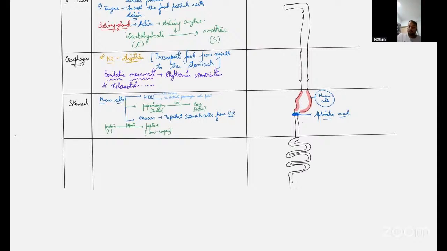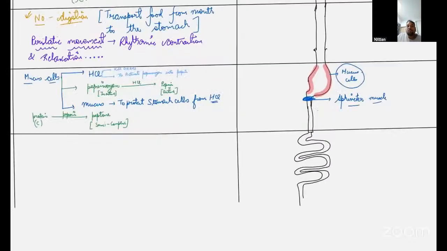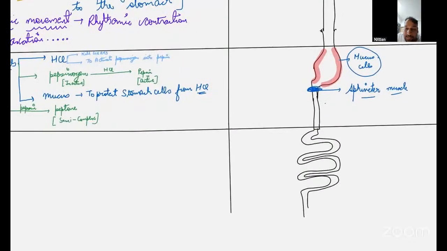Okay. Now I told you mucus cells are only in the stomach and it is acidic. So when the stomach work is complete, then you know what will happen, Amar? The sphincter muscle will open. The digestion was happening in the stomach. Now the sphincter muscle will open and the food will go into the small intestine.